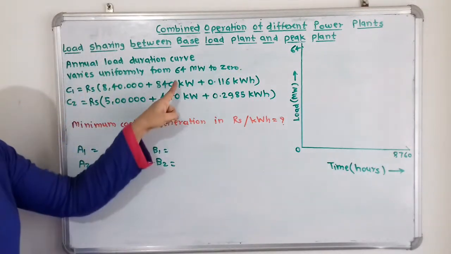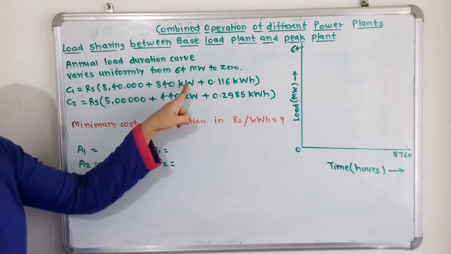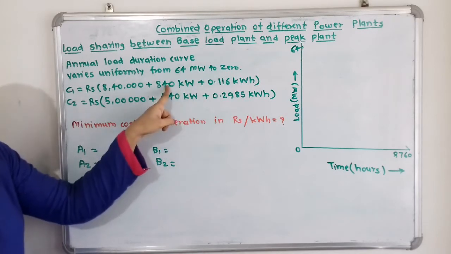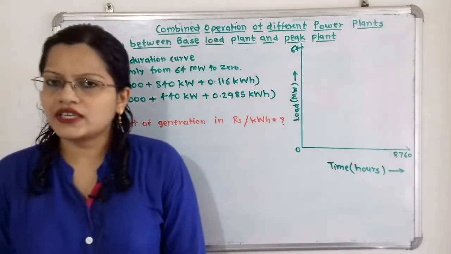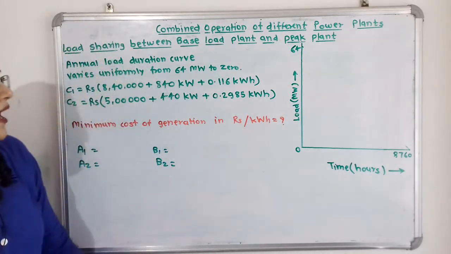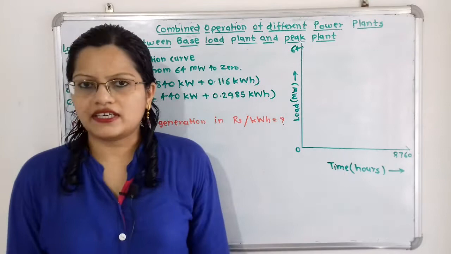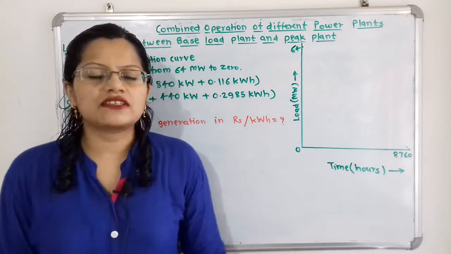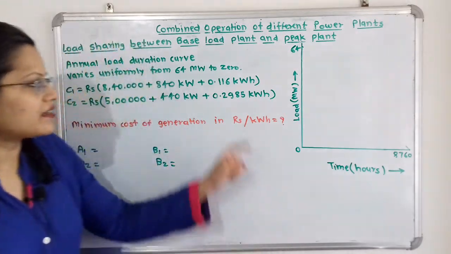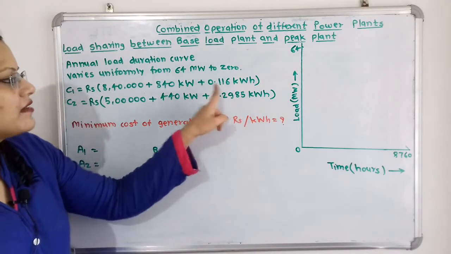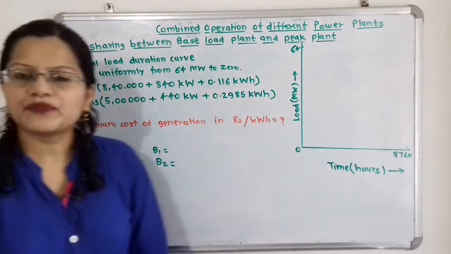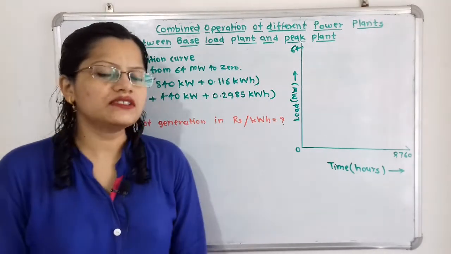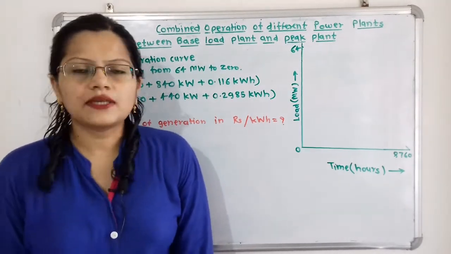Installed capacity is in kilowatt, and this is the cost per kilowatt for the duration of a year. Then the third part is for the energy generated. Whatever is energy generated in kilowatt hour, that cost is included in this third part, that is 0.116 and 0.2985 per kilowatt hour. So here duration is for 1 hour, that is mentioned.